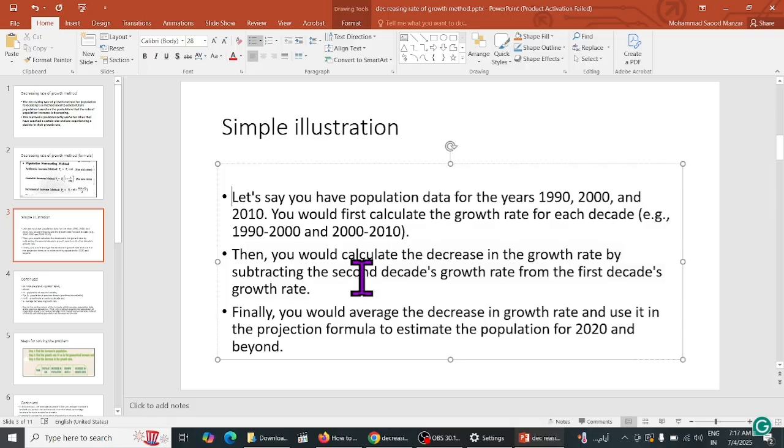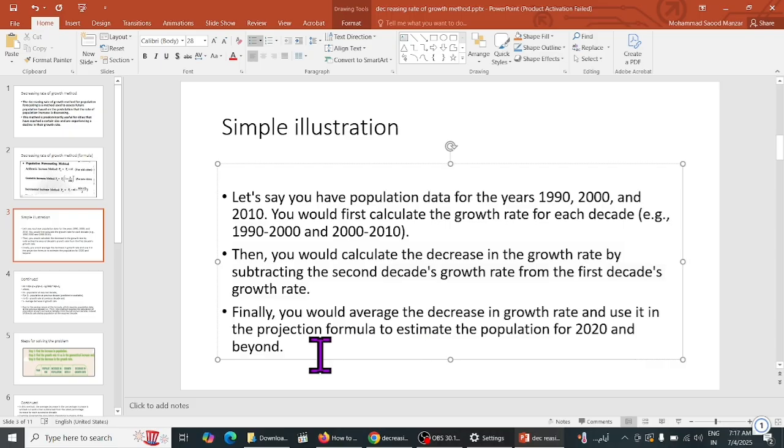So you would have two values for the growth, R1 and R2. Then you calculate the decrease in the growth rate by subtracting the second decade's growth rate from the first decade's growth rate. Finally you average the decrease in growth rate and use it in the prediction formula to estimate the population for 2020 and beyond.